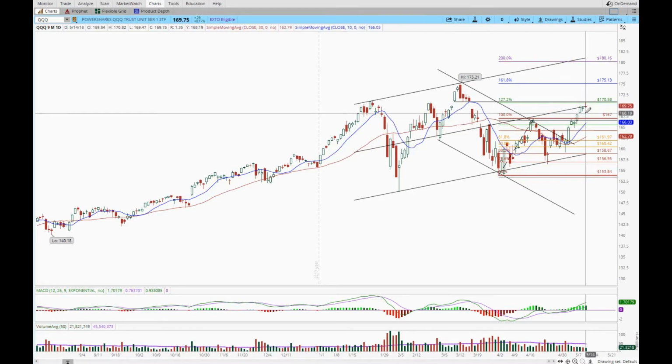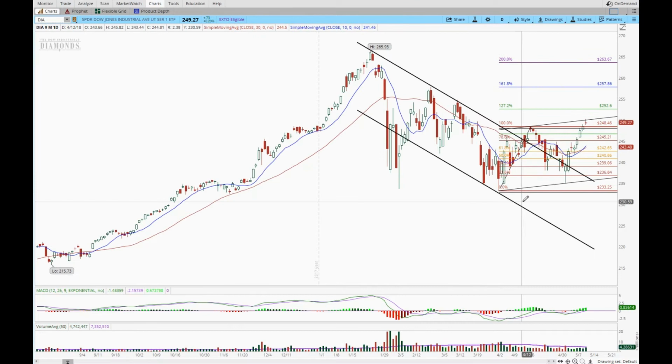So it could come back a little bit and then continue the uptrend, or it could go straight up on the QQQ. So the good thing on this, it could fluctuate a little bit up here in this area, but the uptrend is, I mean, QQQ is uptrending.